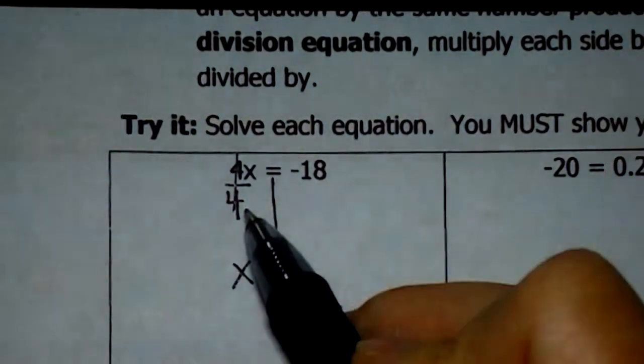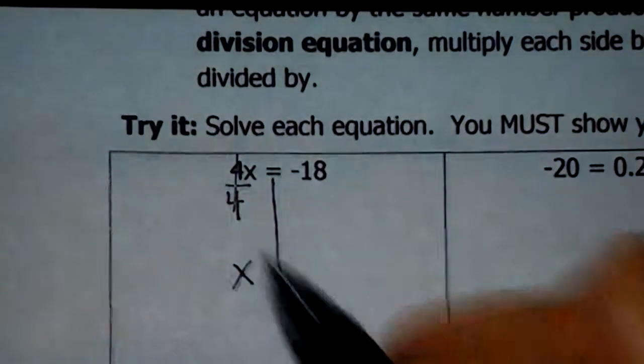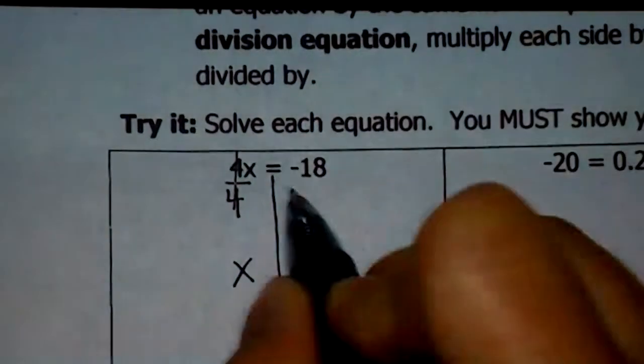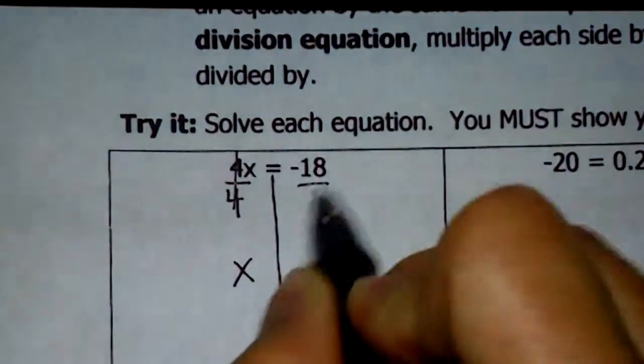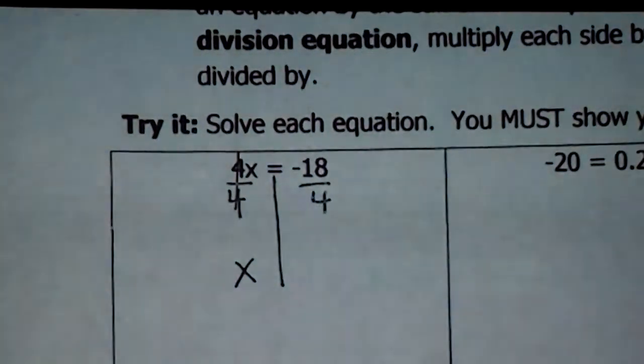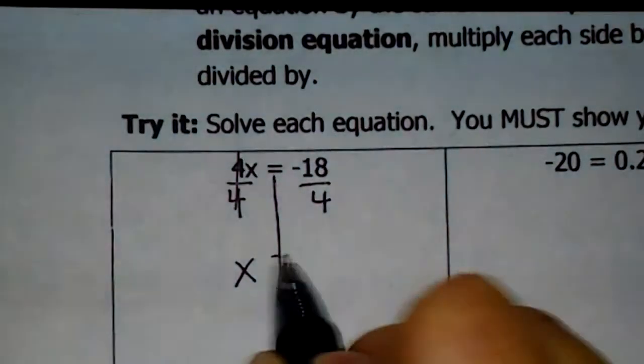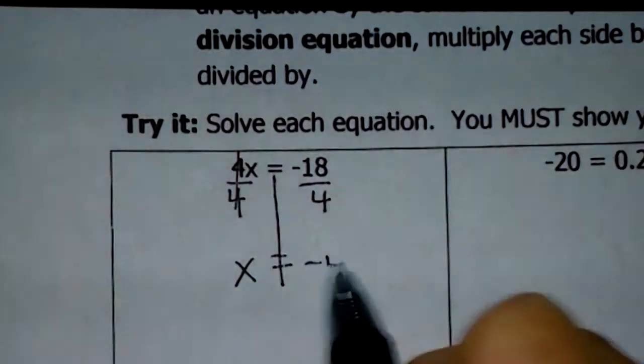If I would have changed the sign and divided by negative 4, wouldn't I now have a negative x? Nobody wants a negative x, trust me. So you divide that side by 4, that means we also need to divide that side by 4. And yeah, sometimes you won't get lovely whole numbers, sometimes you'll get decimals and it's okay. A negative 18 divided by 4 gives you negative 4.5.